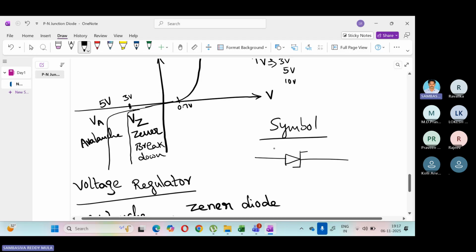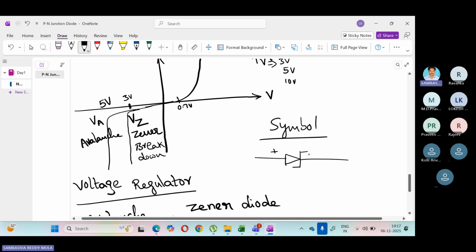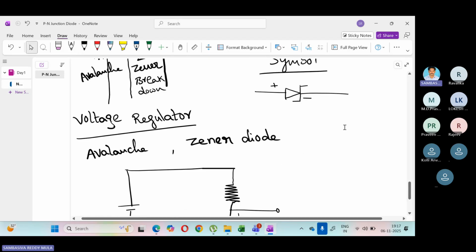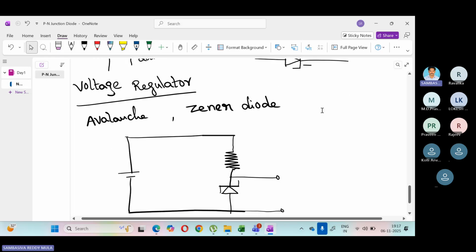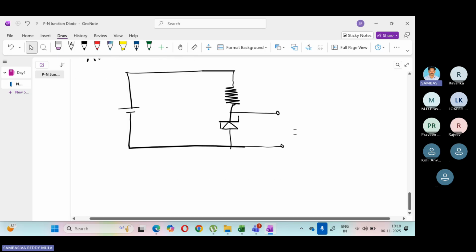This is the symbol for Zener diode. Like an ordinary PN junction diode, this is the positive terminal and this is the negative terminal. So there are many other flavors of diodes, so we need to remember the symbols. Schottky diode, Shockley diode. Okay. Likewise, many diodes are there.